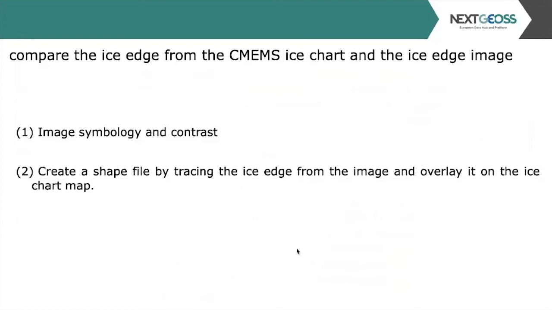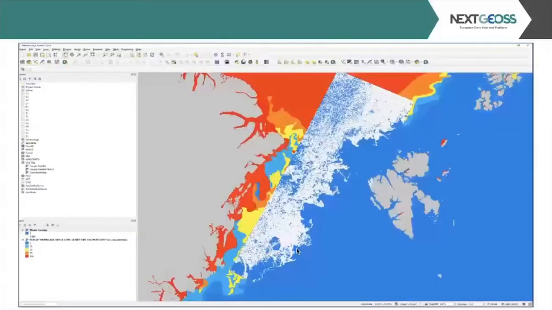So let us go to the image contrast between them. Now we just give the water the same color as the color that represents the water in the ice chart. Then we will try to play with the contrast or reduce the transparency of the top layer.